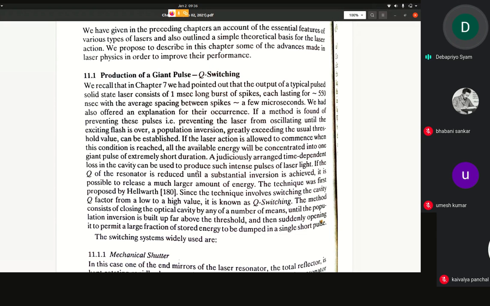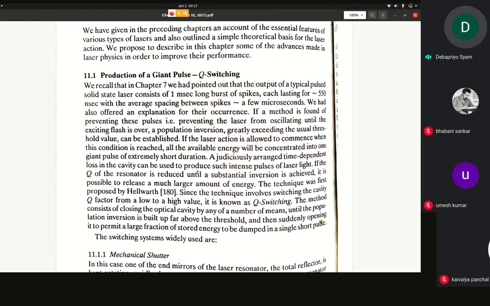So to prevent the lasing radiation from being present in the lasing material, you have to arrange for Q to be low. Remember again the definition of Q. Q equal to omega into energy in the mode divided by energy dissipated per second.